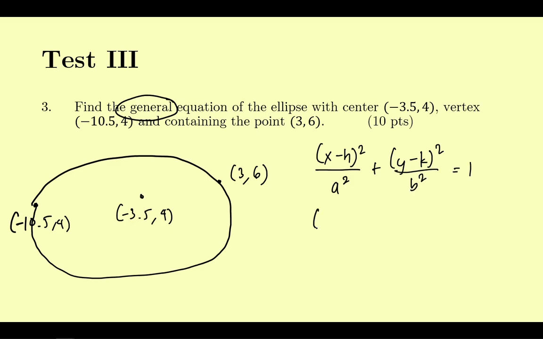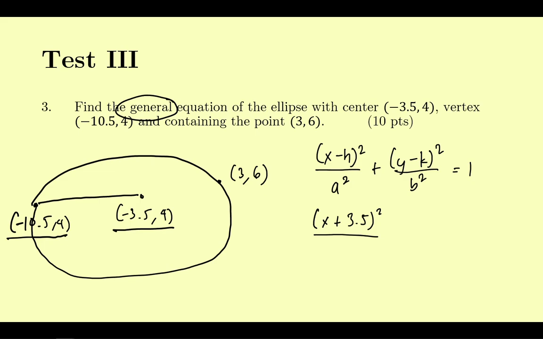Lagay mo yung center, x plus 3.5 squared over, what's your a? You already have the value of a kasi given na yung vertex mo. With respect to your center, you will find a by measuring the distance between negative 10.5 and 4 and negative 3.5 and 4. That's equal to 7.